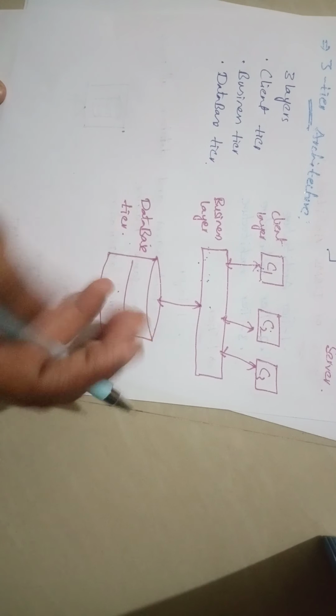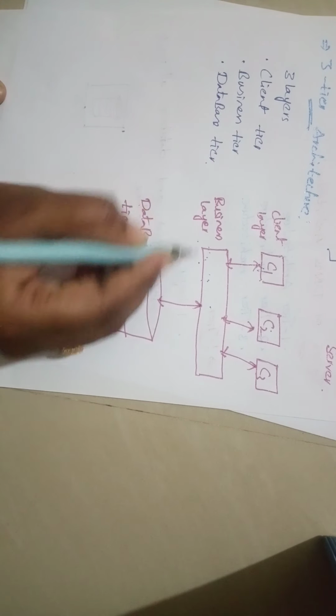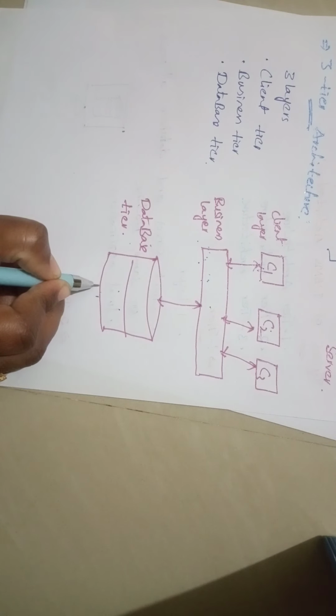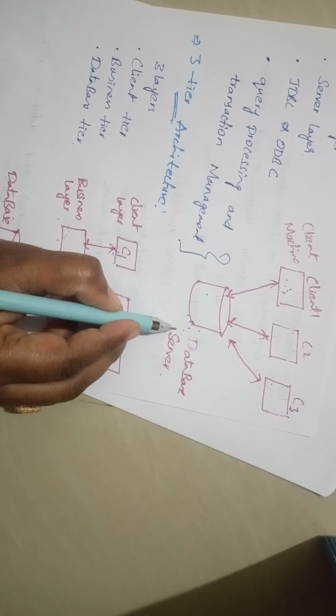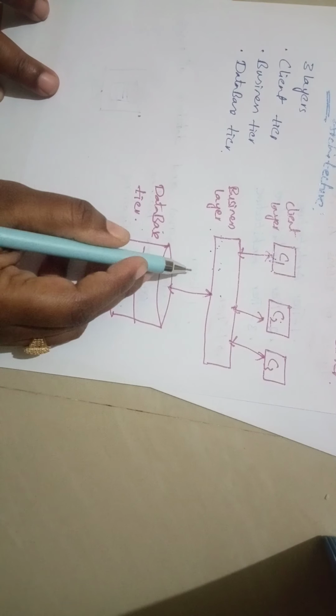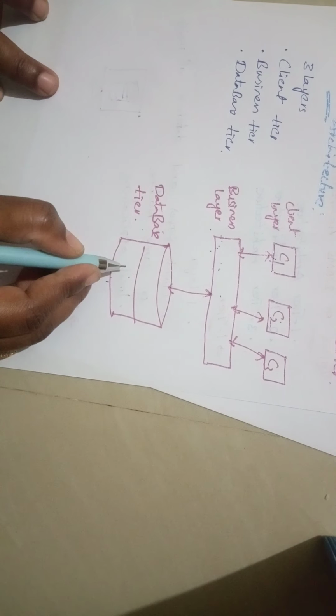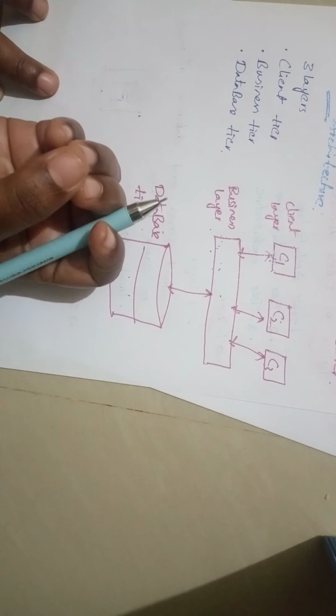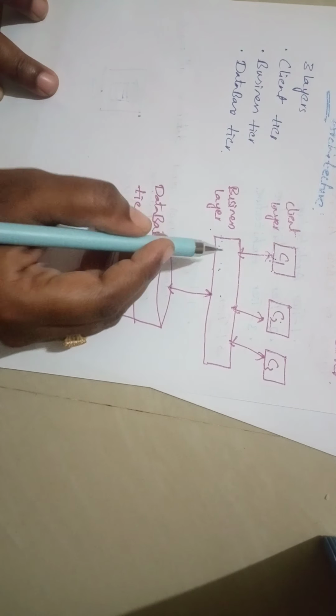So the business layer reduces the overload of the database tier. In two-tier, the database server is responsible for query processing and fetching the data, whereas in three-tier, the business layer reduces the overload of the database tier by taking the responsibility of query processing.